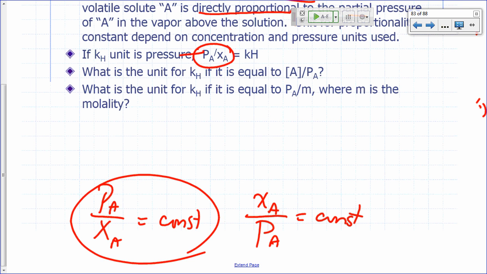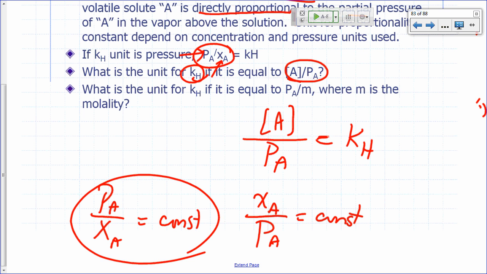You have pressure over mole fraction. Mole fraction is unitless. What would be the unit for K sub H if this is how the concentration and pressure are expressed? Let's say concentration of A over partial pressure of A is equal to Henry's law constant, K sub H. What would be the unit for K sub H here?